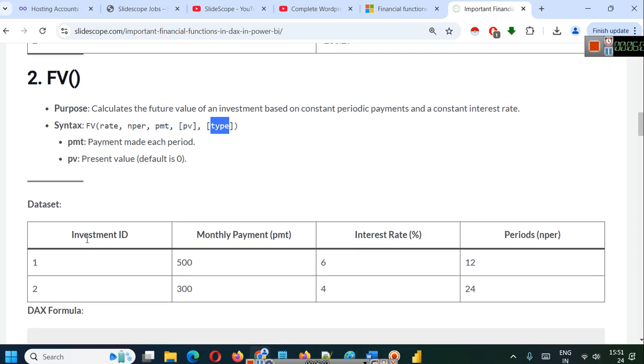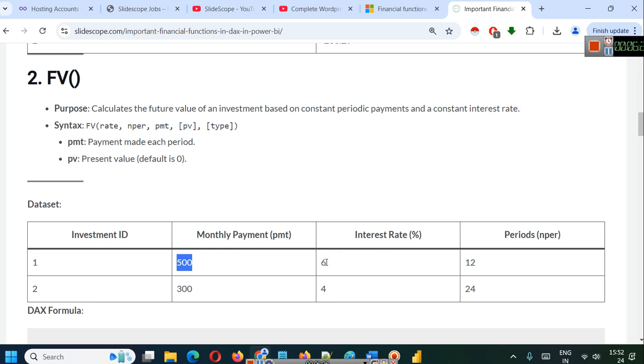So for example, let's consider one person who has invested in two different investments. Every investment has a unique ID. This person is paying 500 monthly. It can be anything, dollars, rupees, anything.